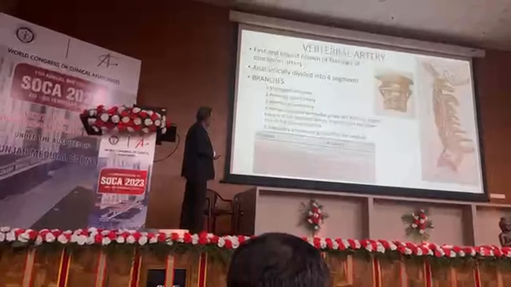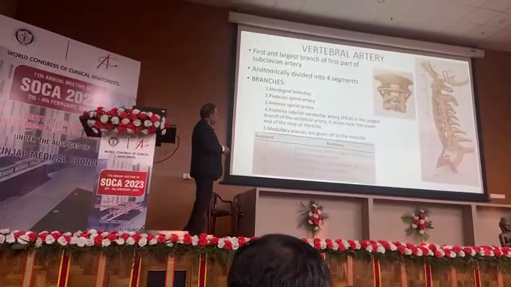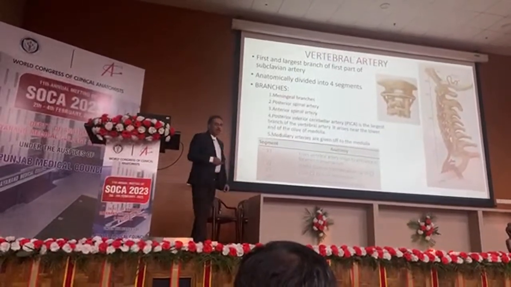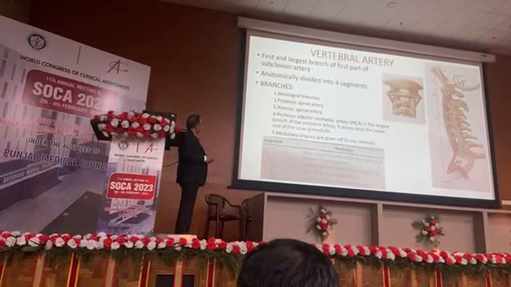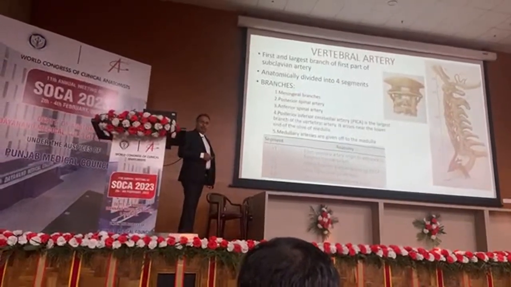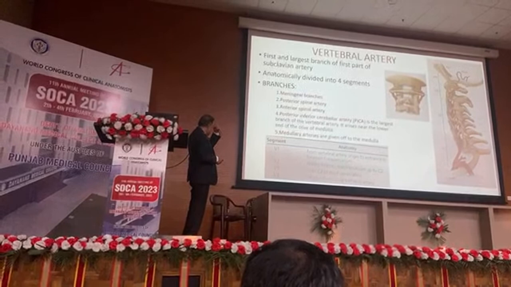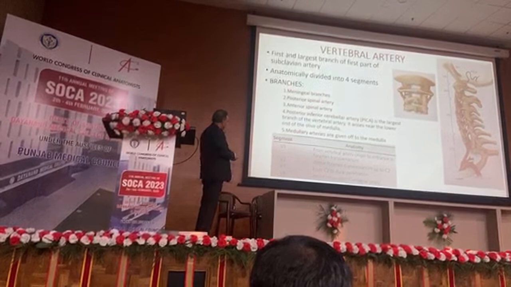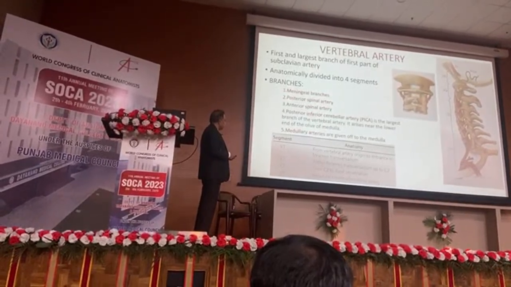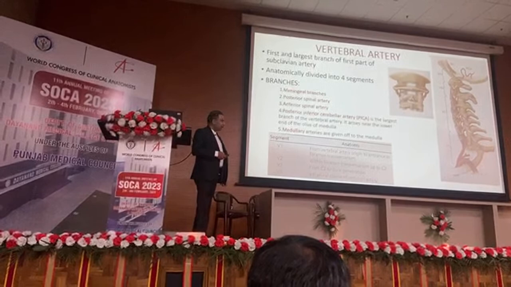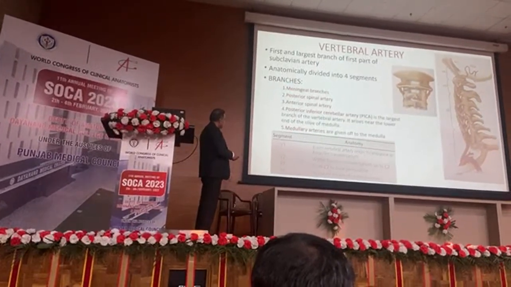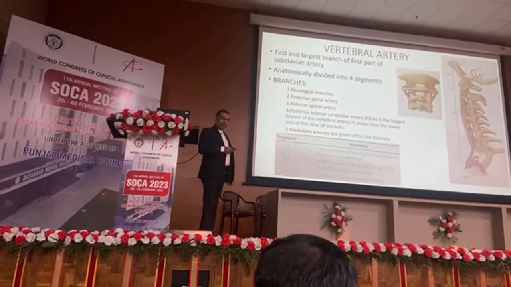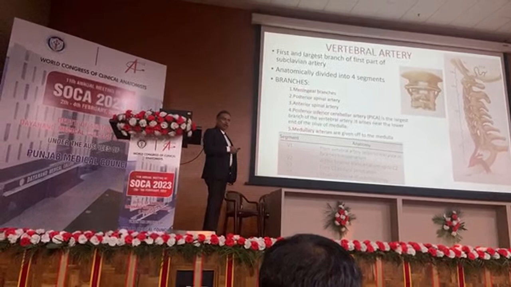For the students, if I try to describe the vertebral artery, it is the first and the largest branch of the first part of the subclavian artery, right? And anatomically, we divide it into 4 segments. Segment 1, from the vertebral artery origin from the subclavian artery to its entrance in the foramen transversarium of C6. It does not go into C7.